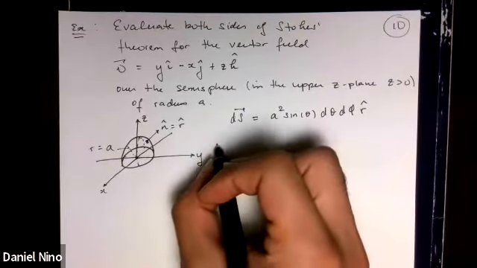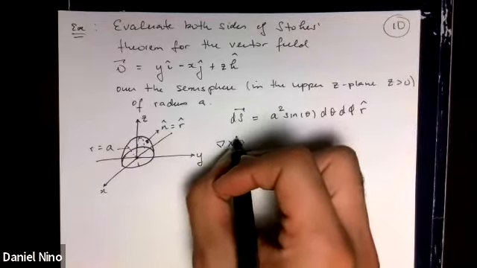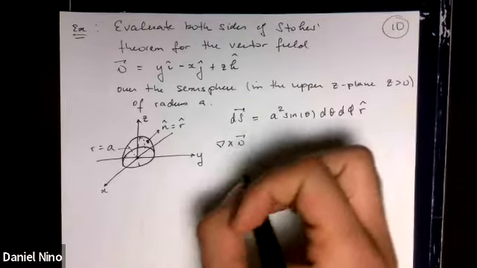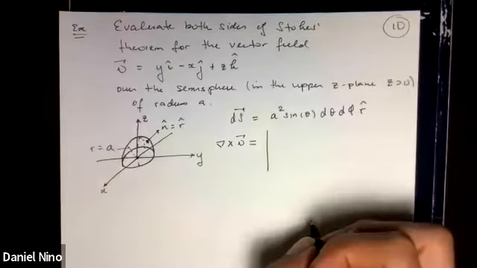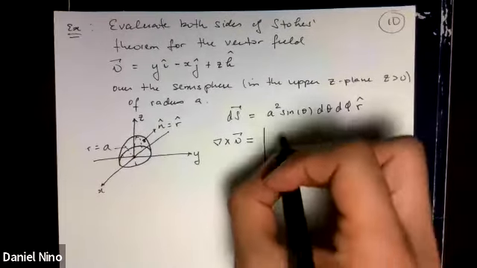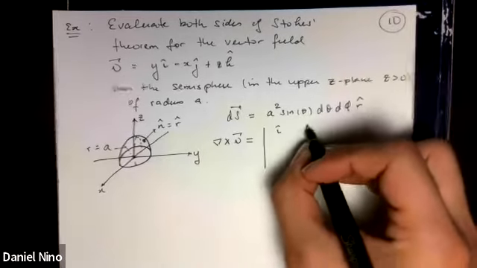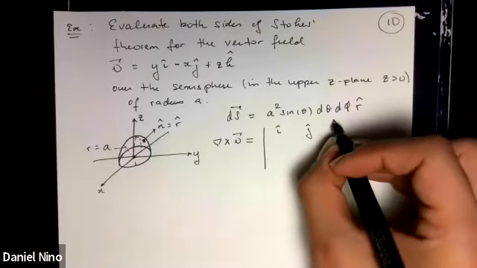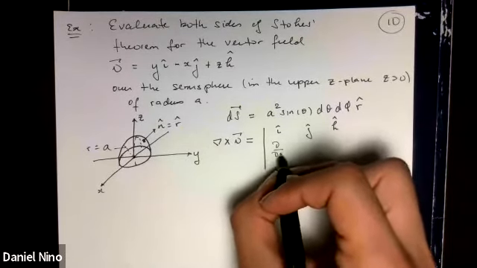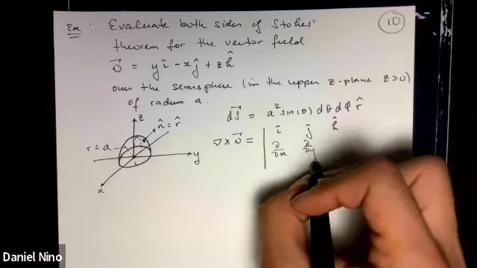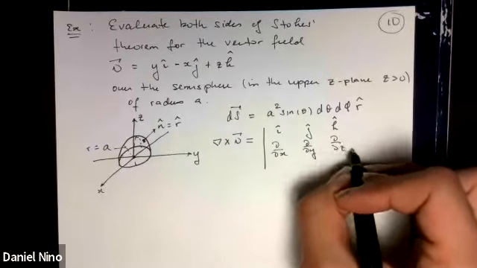So we can begin by calculating the curl of this vector field. And we'll stick to Cartesian coordinates just because it will quickly simplify. Remember, when you calculate the cross product, one way of doing it is to calculate the determinant of this matrix.